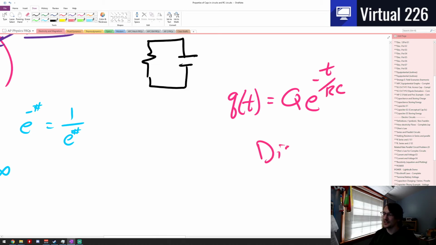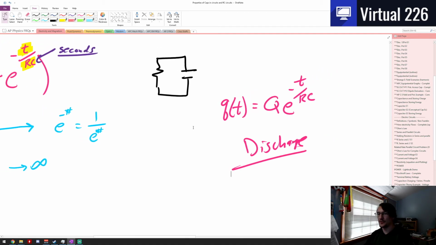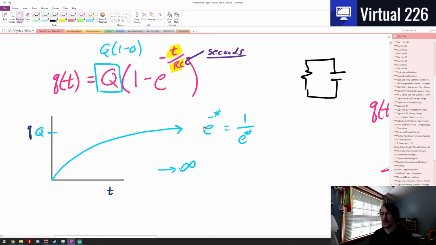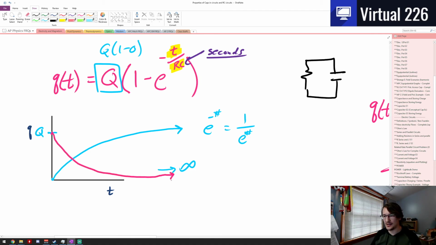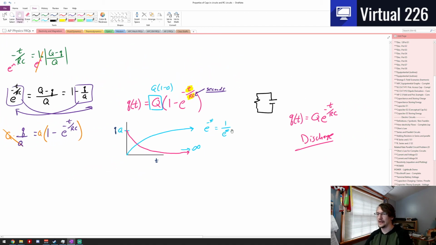This is for a discharge. What this would look like in our graph is you would start at some charge Q, and then as time went out to infinity, you would approach but never touch that x-axis, okay? So you'd have these charging rates as given by the RC in the circuit, that time quantity.